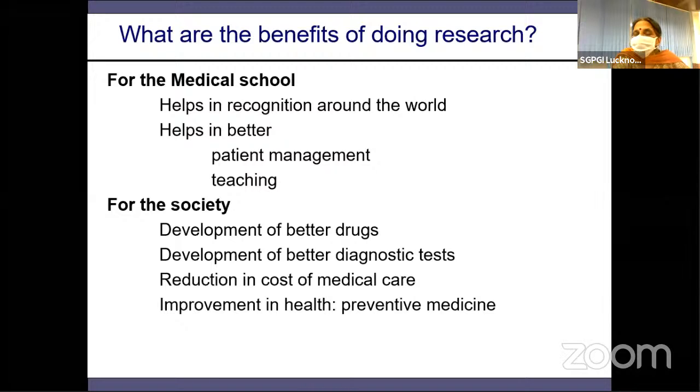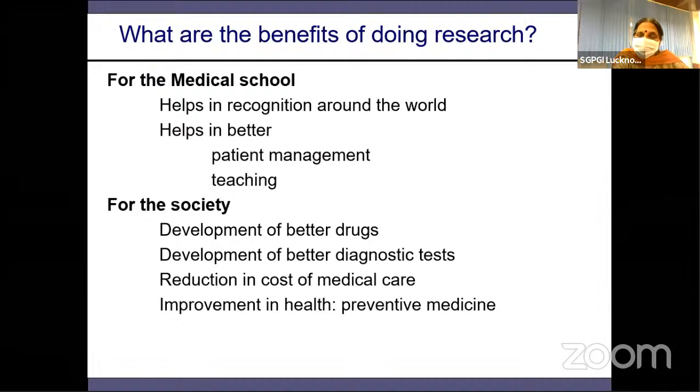Because when you do research, you have a questioning mind, and that makes you even question things in patient care, in patient diagnosis. You make better patient diagnosis, better patient management, and these two in turn lead to better teaching. So if you see good institutions across the world, they would probably be good in all three areas.